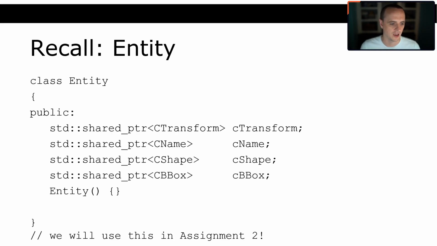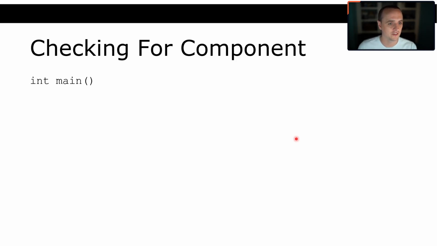So that T wasn't capitalized. If you want to check to see if a component has been added to an entity, then what you can do is just check to see if the component is null or not. Because if it hasn't been added yet, it'll still be null, and if it has been added, then it won't be null.